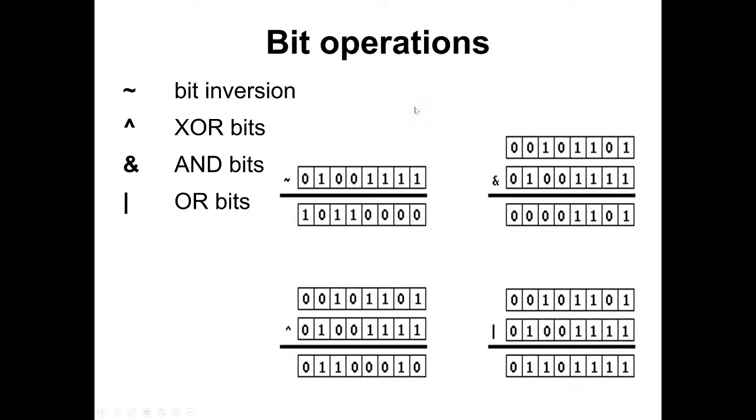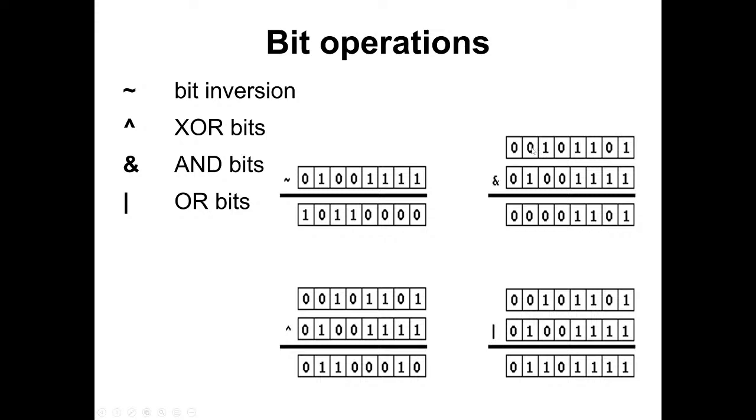So yeah, this is the bit inversion operation. If you want to use it, just invert every bit you have in the number. Then the AND operator, how does it work? If both are zeros, it will result in 0.